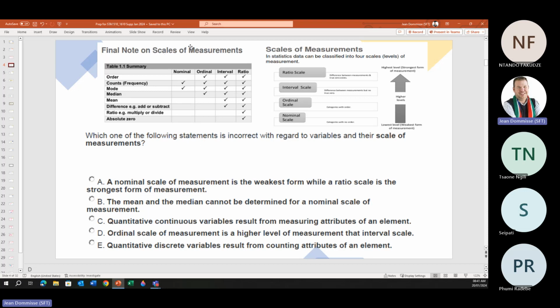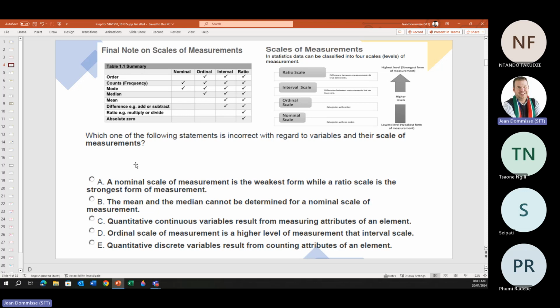So what I've added for you, and it might have been in some of the previous notes as well, if I talk about your levels of scales of measurement, which is the highest and lowest level, you can use this diagram.